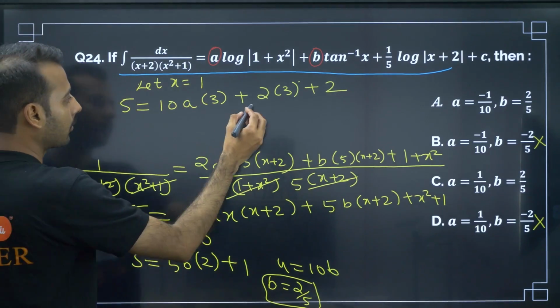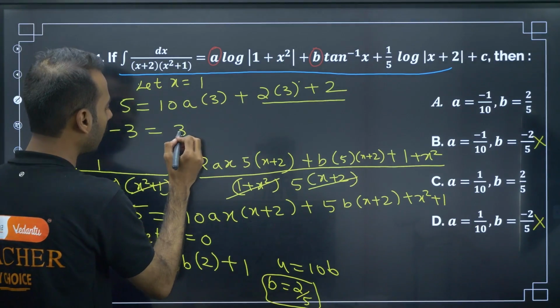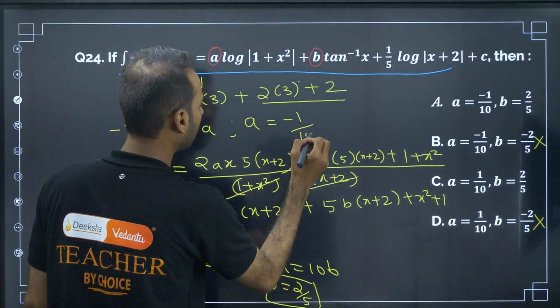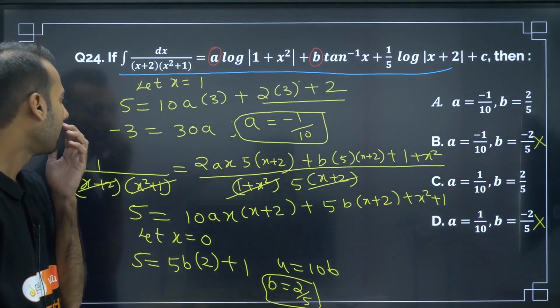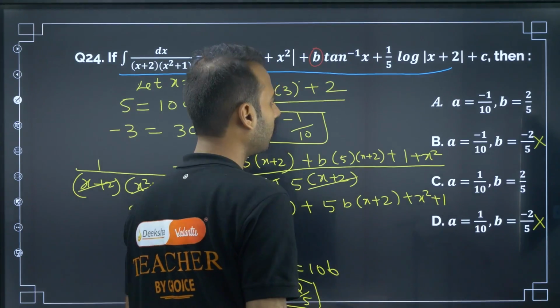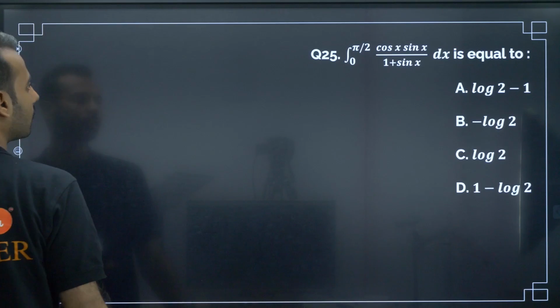Now if I transpose this a to the other side, this is negative 3 is equal to 30a. a is equal to minus 1 by 10. So a is equal to minus 1 by 10 and b is equal to 2 by 5. A is the answer for this. Moving on to the next question.